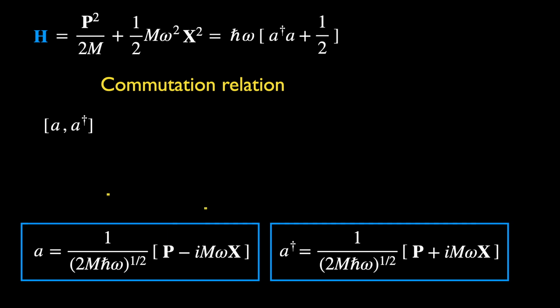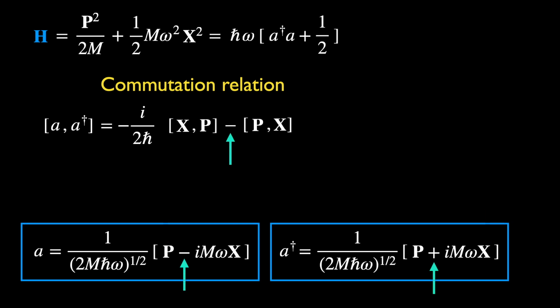The associated coefficient is as follows. The minus sign comes from the difference in relative signs between X and P. But this can be absorbed by reversing the order in the second commutator.